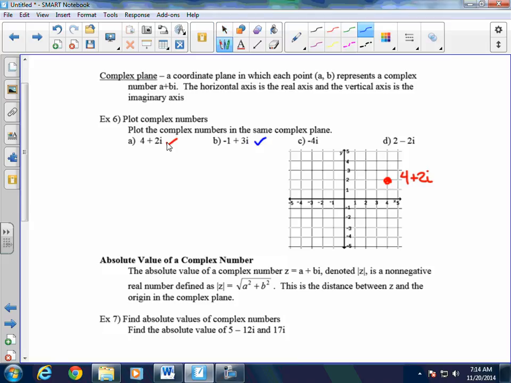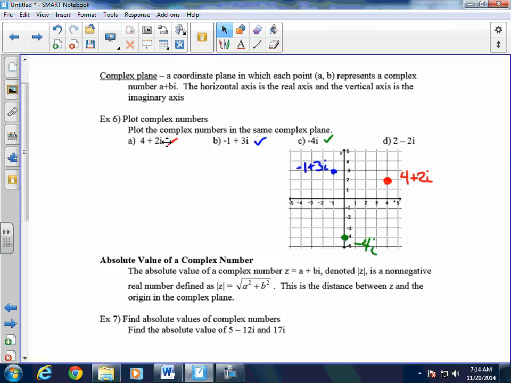This one, we go to the left 1 and up 3. That is negative 1 plus 3i. That one, we go right or left nothing, and down 4. So here is the point negative 4i.